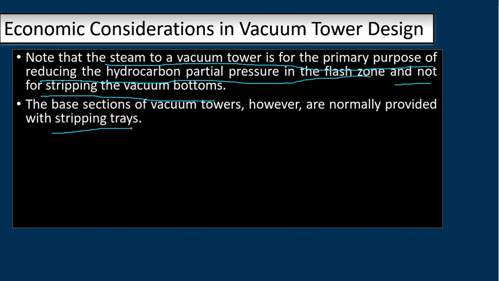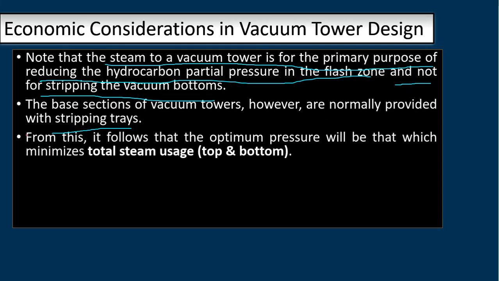The main purpose is to maintain the hydrocarbon partial pressure, but we can also use the bottom steam for stripping the residue. And there is also an optimization case here, because under one condition top steam is more required, under the second condition bottom steam is more required. So we have to find the optimum pressure at which the total steam usage is minimum.